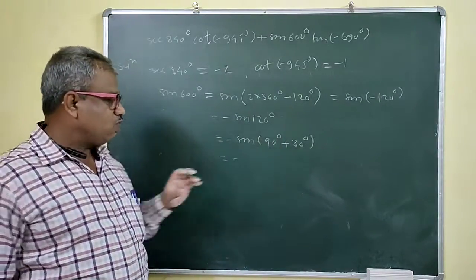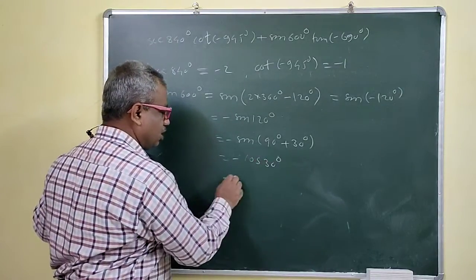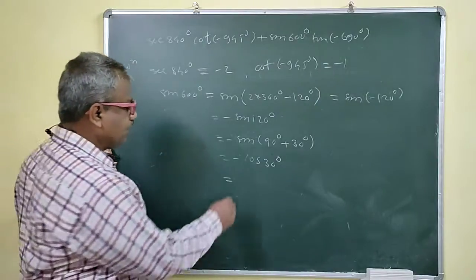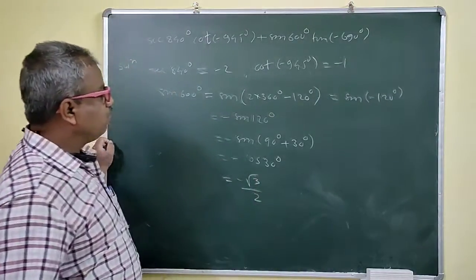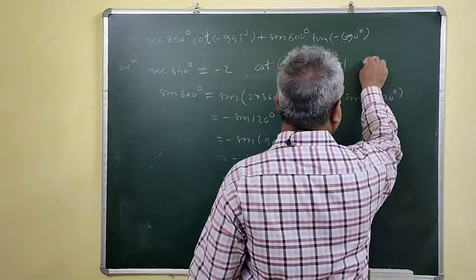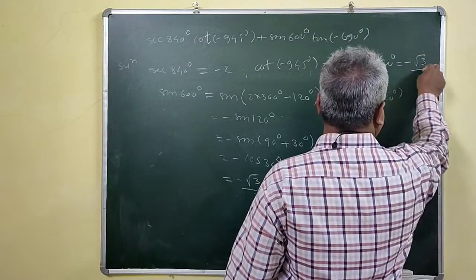Then sine 90 times cos 30 degree, right? And cos 30 degree is root 3 by 2. So sine 600 degree is minus root 3 by 2.